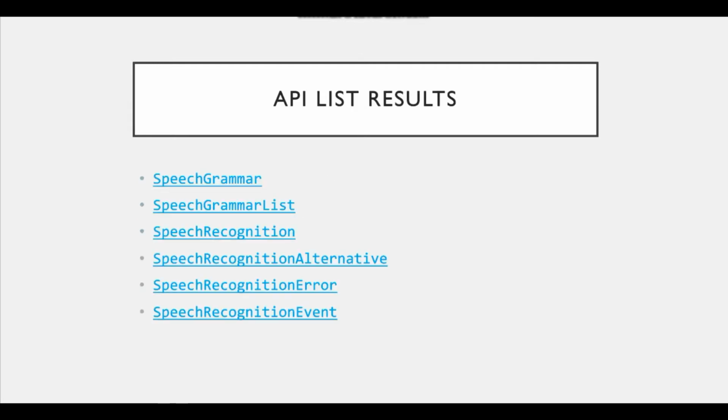Now I'm going to discuss the API list of results. When you use speech in the speech API, you can easily find the grammar list, speech recognition alternative, speech recognition error and speech recognition event.